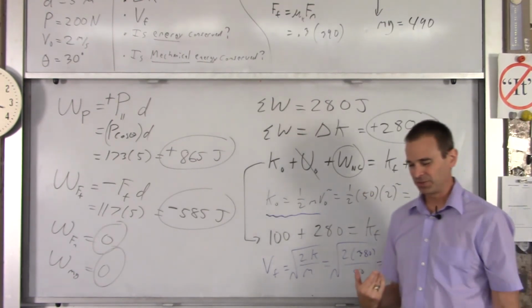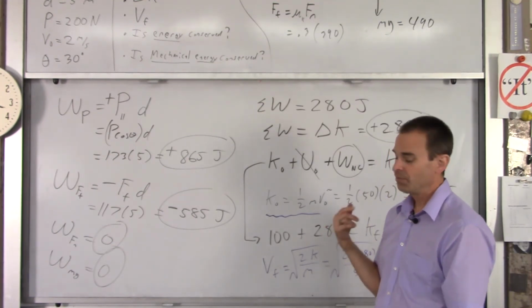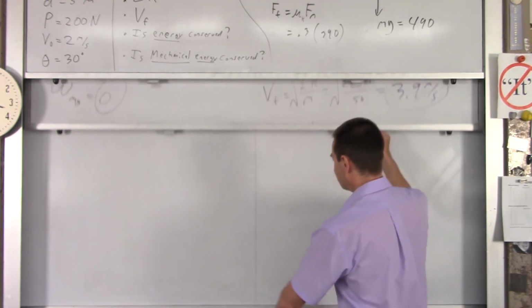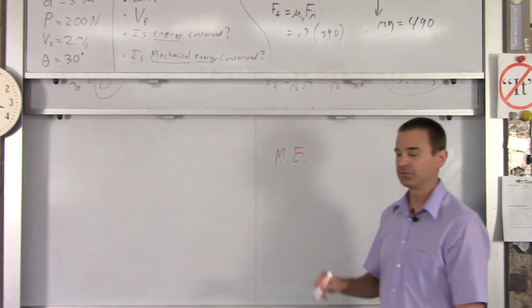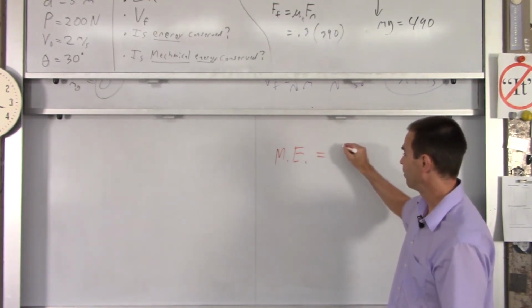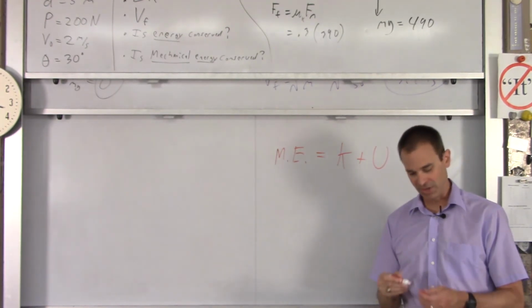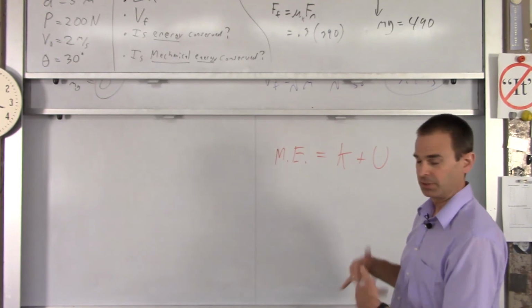Now, the other question is, is mechanical energy conserved? That's a different question. Mechanical energy, so I'll abbreviate that ME, mechanical energy. That's defined as the sum of your kinetic energy plus your potential energy. Is that the same before and after the motion?